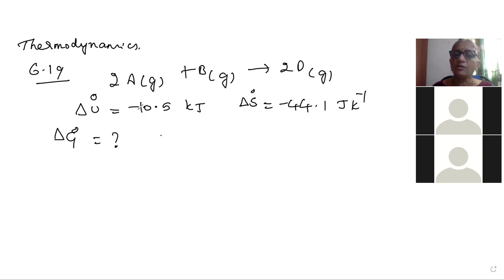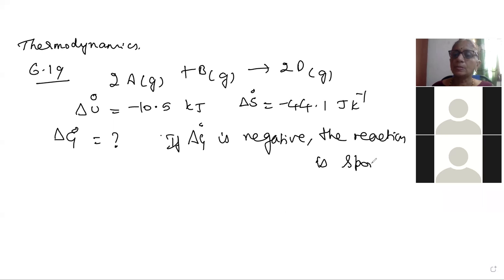So if delta G naught is negative, we will say the reaction is spontaneous. If it is positive, we will say it is non-spontaneous.